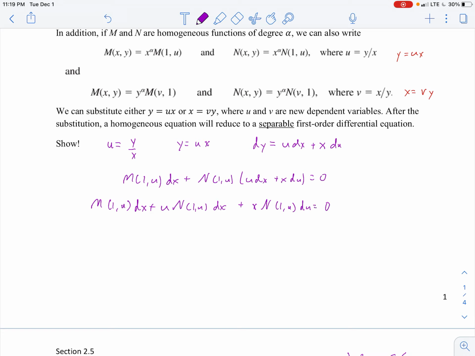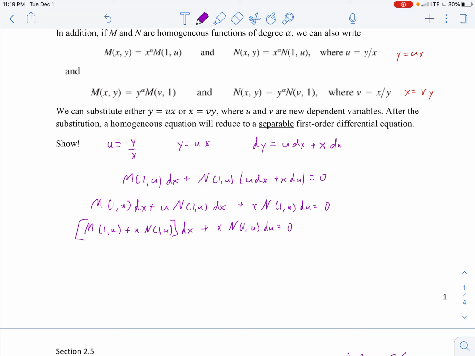Now I'm going to pull out my dx, and it's going to be M of 1, u plus u N of 1, u, all that dx, plus x N of 1, u du equals 0.